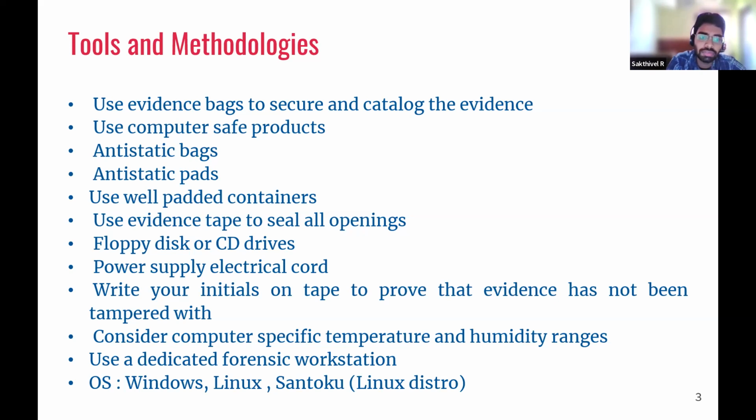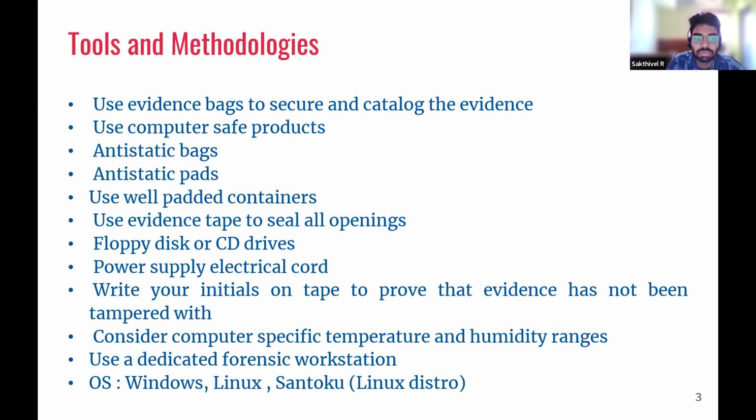Some of the other tools that are used are anti-static bags. For example, a smartphone or cell phone or any hard disk, any IoT device used in the crime can be stored inside the anti-static bags and anti-static pads.